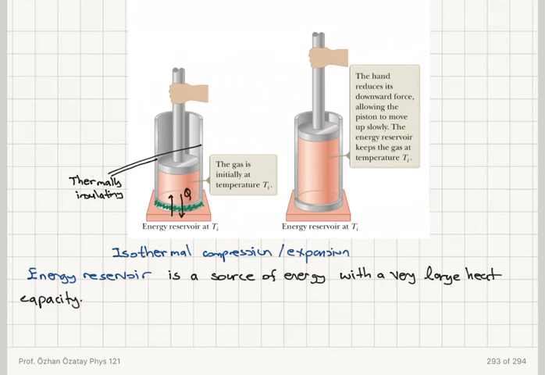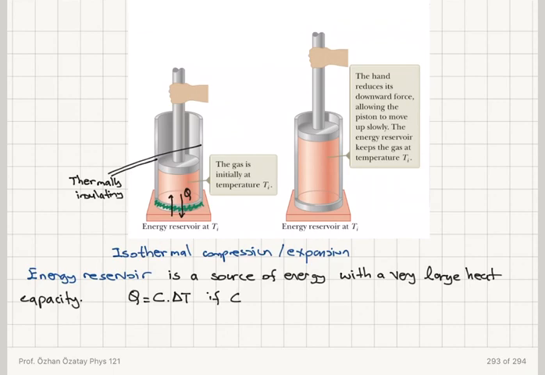So remember, heat capacity was defined by this equation. Q is equal to C times delta T. It's the amount of energy you have to provide to the system to change its temperature by 1 degree Celsius.